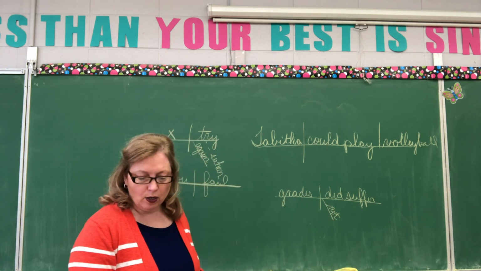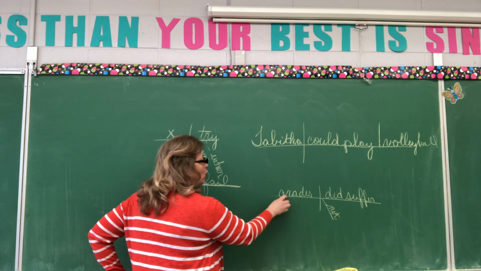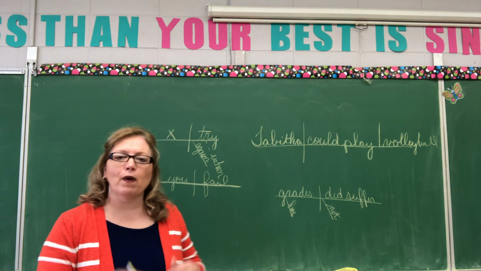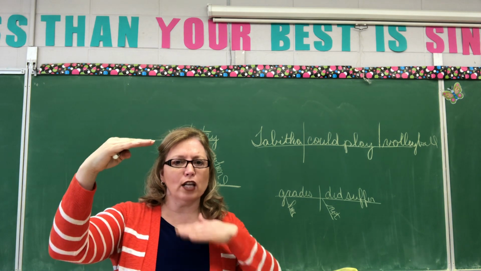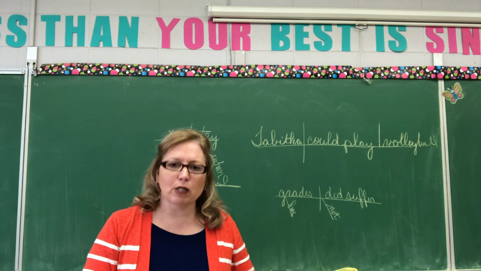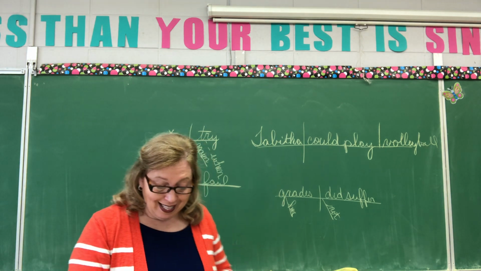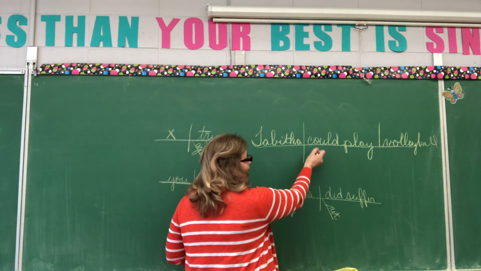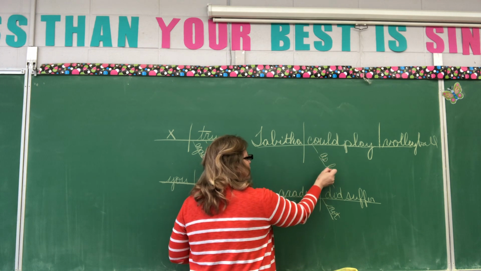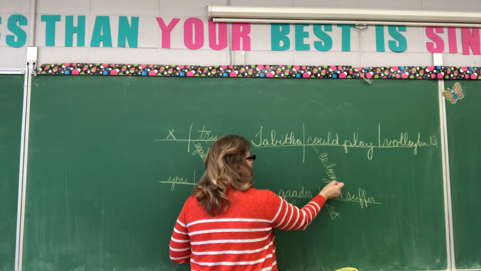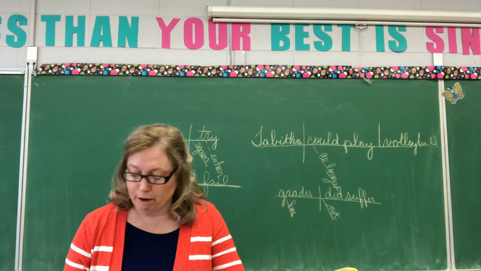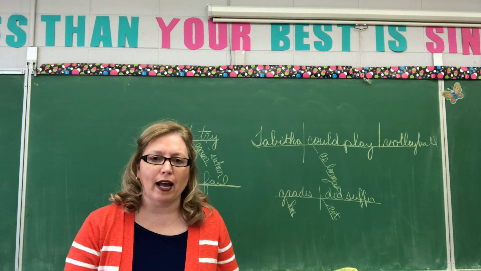And we have whose grades? Her grades. Her is an adjective. Now I need to connect my independent clause to my dependent clause. What am I going to use? My subordinating conjunction. In this case, it's the conjunction as long as.